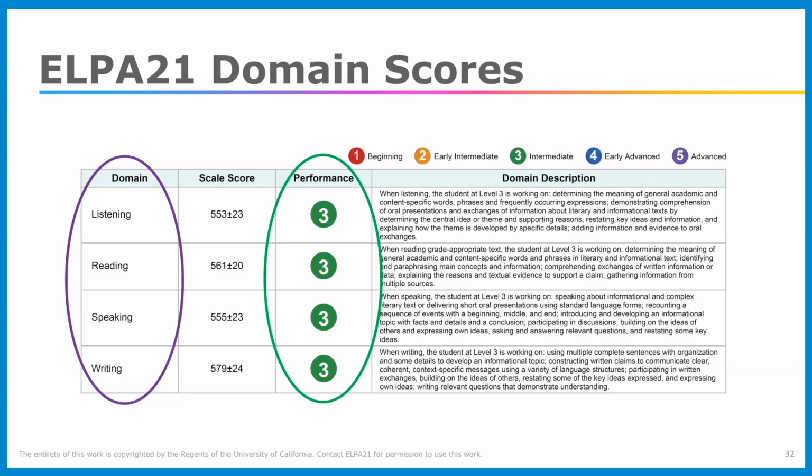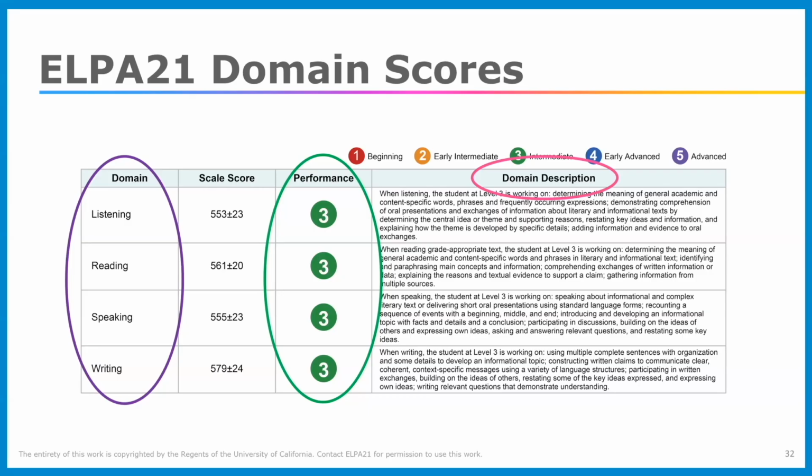On the ELPA21 General Summative, domain performance levels range from 1 to 5. On the ELPA Summative, they range from 1 to 4. If a student was exempted from a domain, you will see an E instead of a number. On the right side, you'll see the domain performance level descriptors.